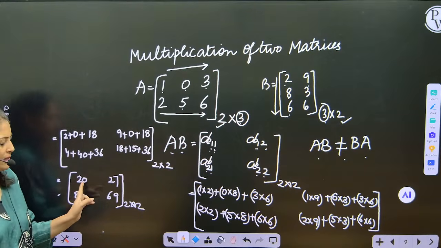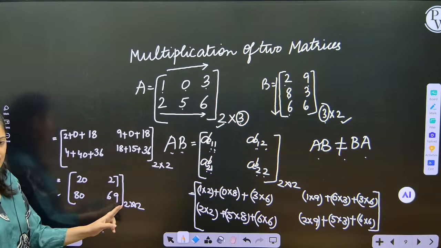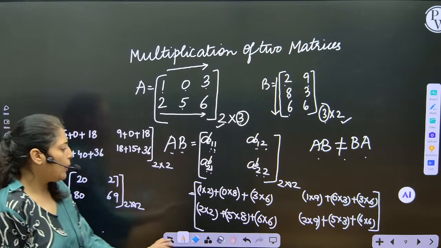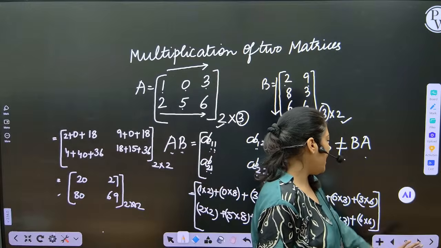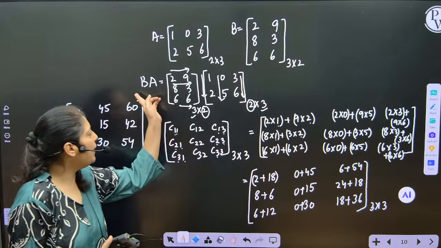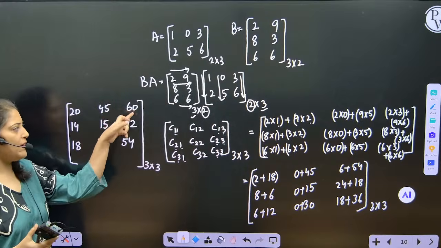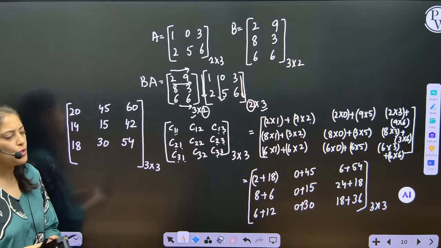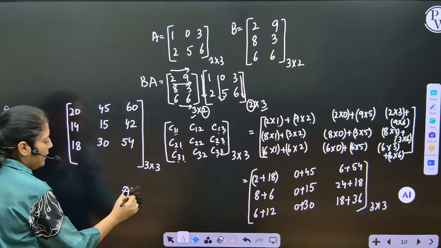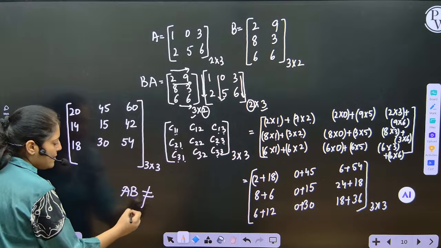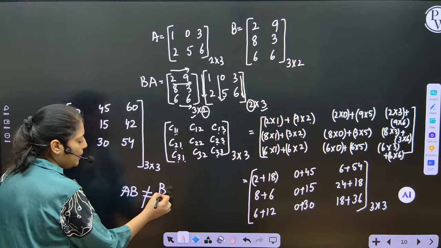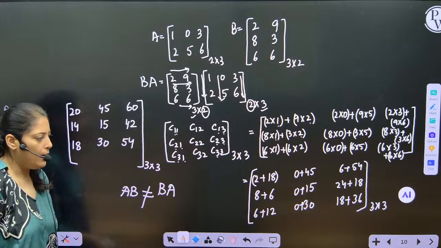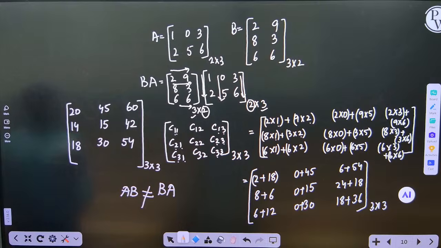Here elements are 20 and 27, 80 and 69. And in the next slide, when we did B into A, elements are 20, 45, 60, 14, 15, 42, 18, 30, and 50. So we have shown that AB is necessarily not equal to BA. I hope I'm clear to all. Just have a look and then we'll proceed.